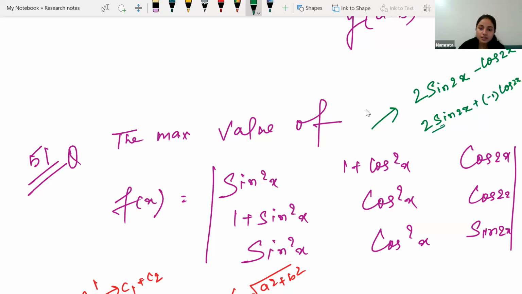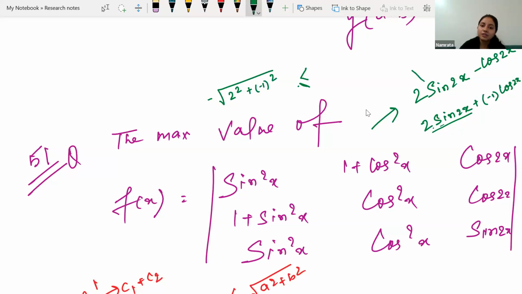Whenever we see this type of arrangement, a sin something plus b cos something, it will always lie in the range of minus under root a square plus b square to plus under root a square plus b square. What is our a? 2 square, and b square, that means -1 square.